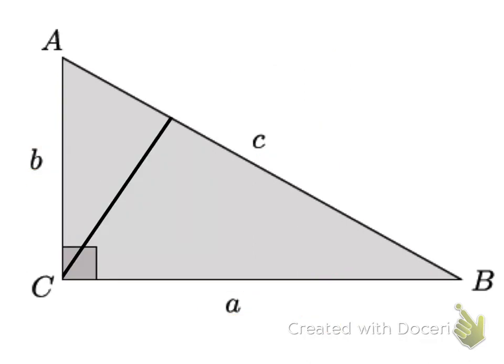I have placed a line on this triangle so that it intersects this side, the hypotenuse, at a right angle. So we have two right angles here. And by doing that, I have now divided our original triangle ABC into two triangles.